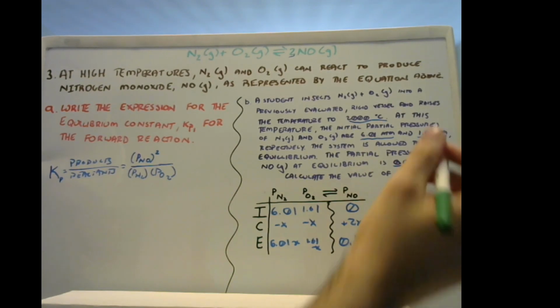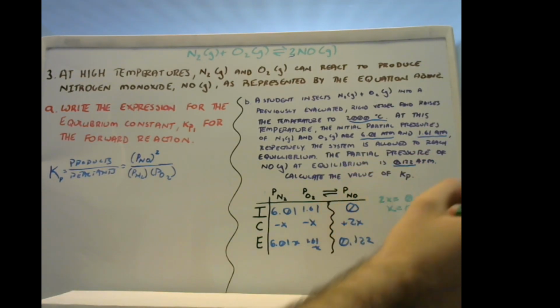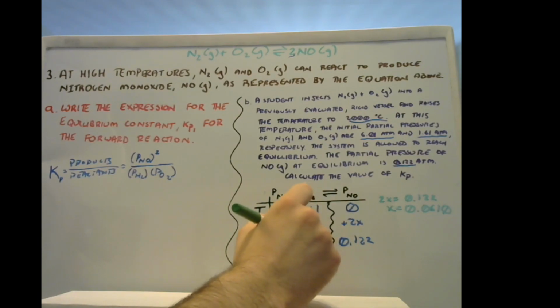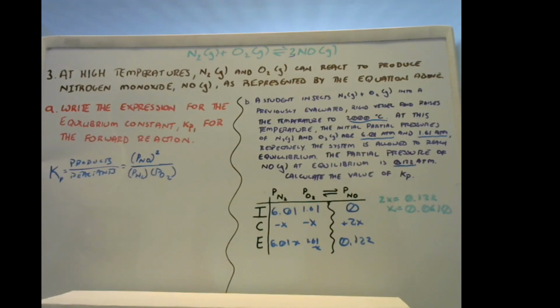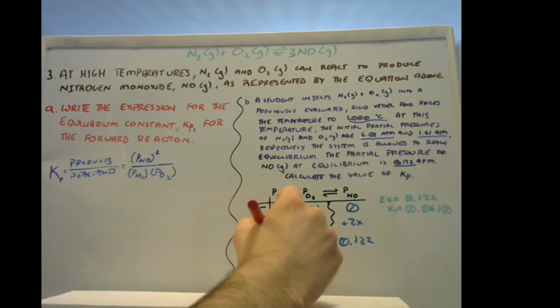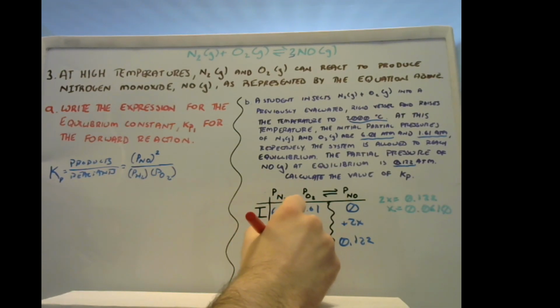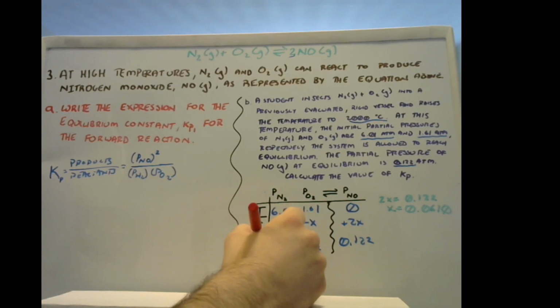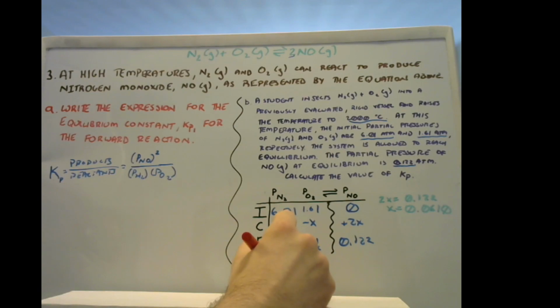Double check my sig figs. 1, 2, 3 sig figs there. 1, 2, 3 sig figs here. Now that I have x, I can go ahead and plug it back in for each of these values. So this is no longer 6.01 minus x. This is 6.01 minus 0.061, or 5.95.